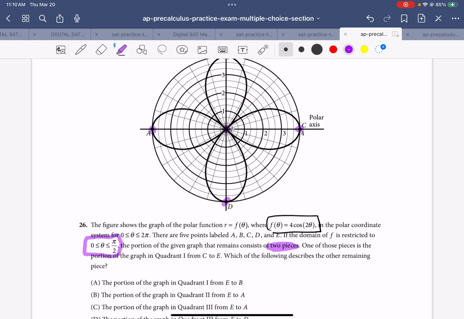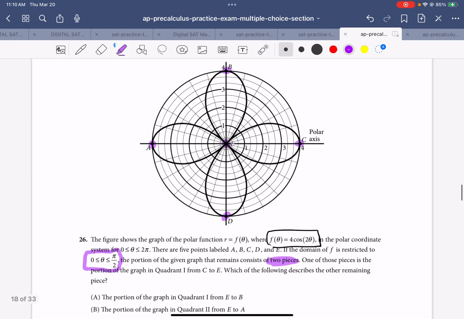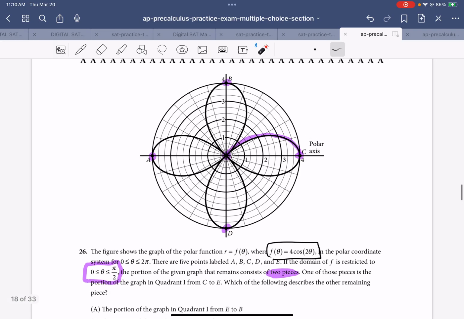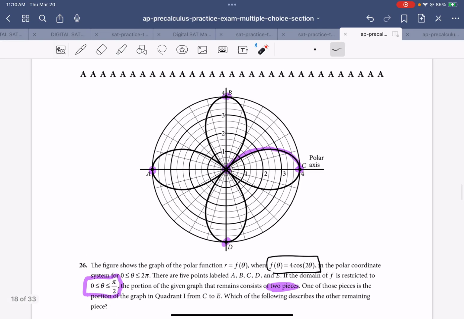One of those pieces is the portion of the graph in quadrant 1 from C to E. So they talk about this one here, in quadrant 1, C to E, that's one portion. But they said two pieces, so what is the other piece, if you draw up to pi over 2? Which of the following describes the other remaining piece? Okay, so let's think about this one here.